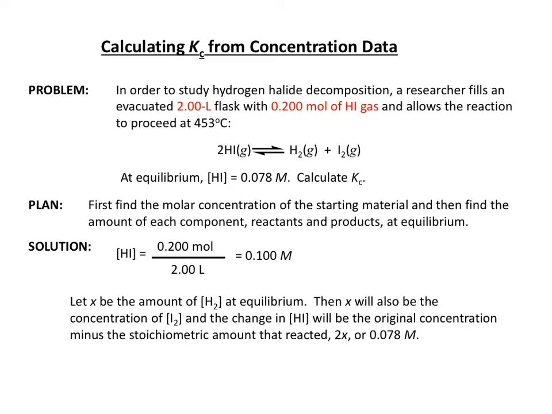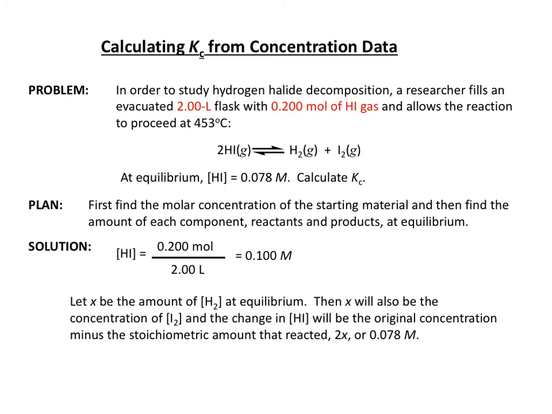Okay, so this problem has quite a few moving parts. It involves calculating the equilibrium constant Kc from concentration data. You are given, so we have to read these very carefully: in order to study hydrogen halide decomposition, a researcher fills an evacuated 2-liter flask with 0.200 moles of hydrogen iodide gas and allows the reaction to proceed.